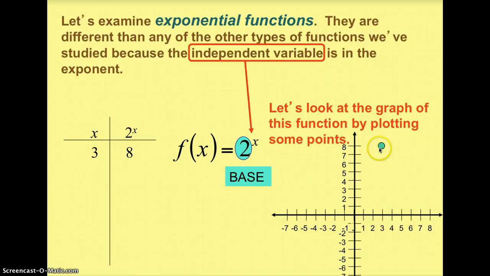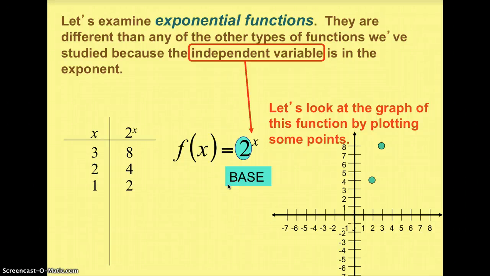If you plot that, there's your 3 and then your 8 on the y-axis. Let's give another value for x, which is 2. Then 2 raised to the second power gives y equal to 4. So let's graph the coordinates 2 and 4.